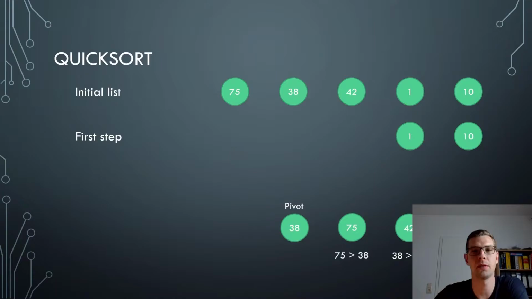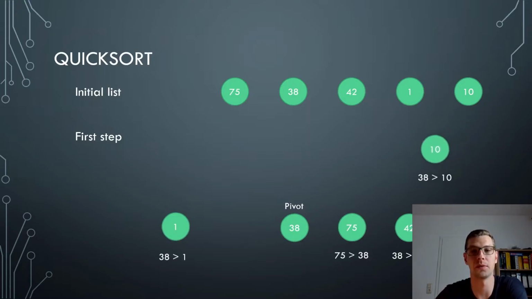In the next step we compare the 1 with the 38, and the 1 is smaller, so it has to go to the left side of the pivot element. And we do the same with the 10, and then it goes also to the left side.